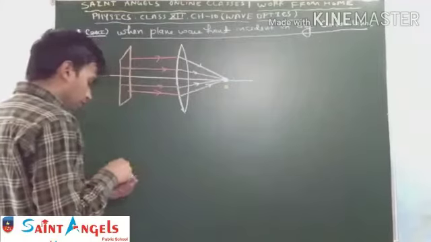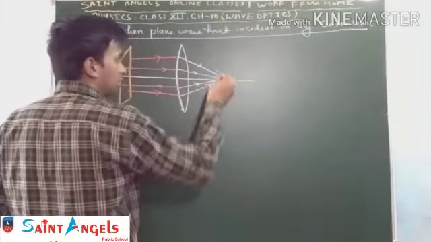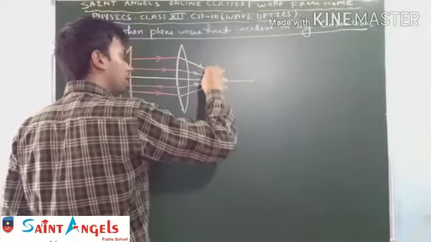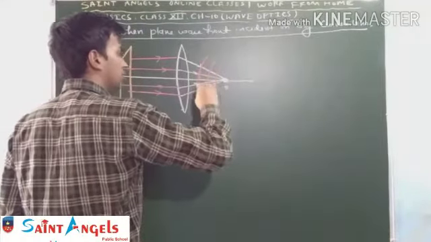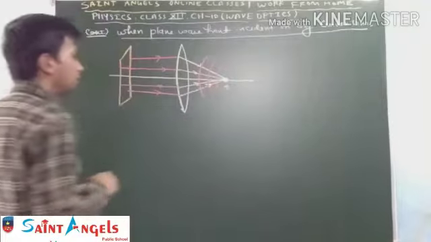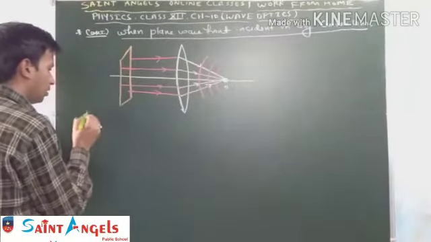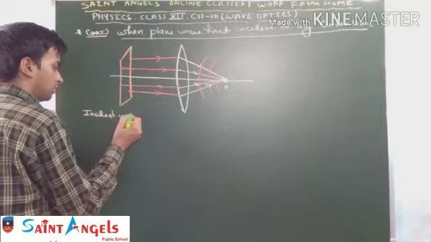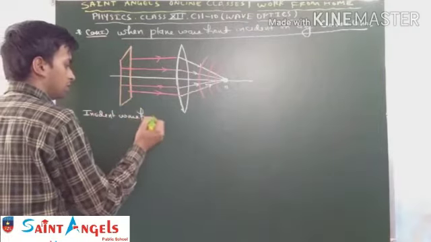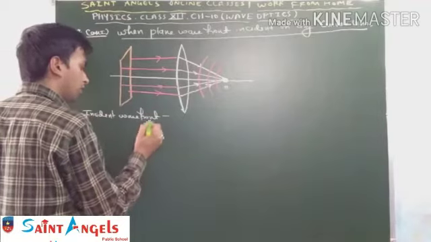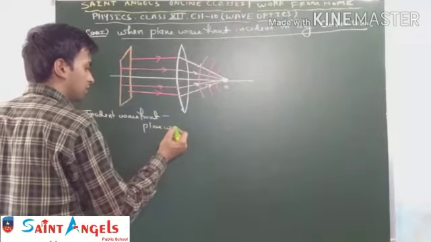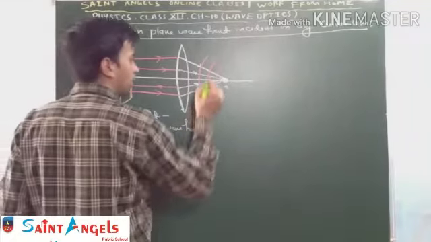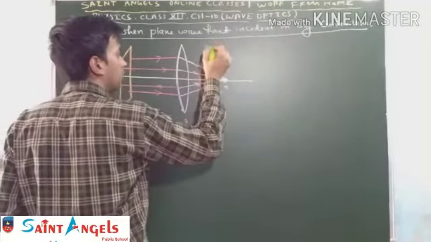So we can say that the refracted wavefront is a spherical wavefront. It means in this situation the incident wavefront is a plane wavefront, while the refracted wavefront is a spherical wavefront.